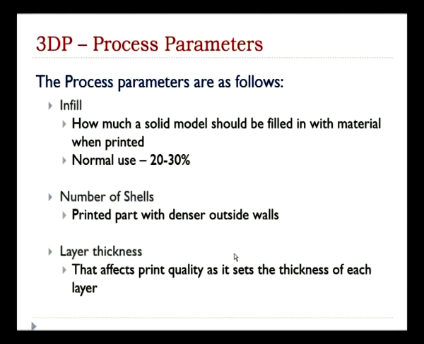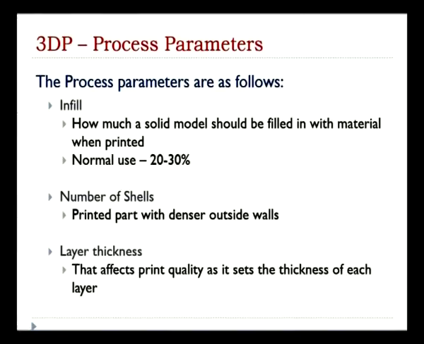So that's why we prefer to print the outer shell alone with a higher density. Generally, we go for almost twice the normal density of what we are printing inside. The outer density may be twice that of the inner material which is being filled, right?